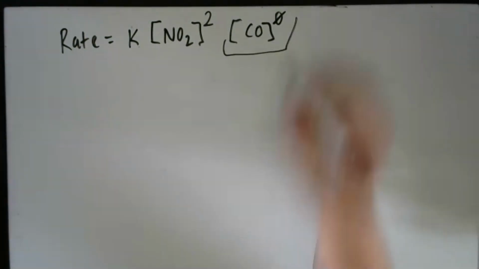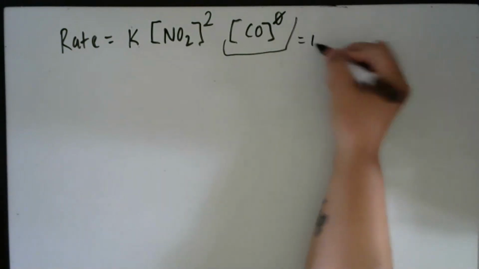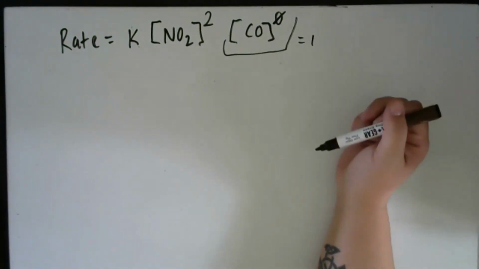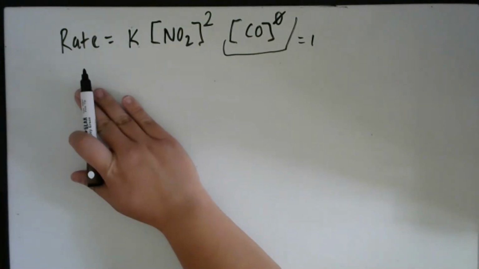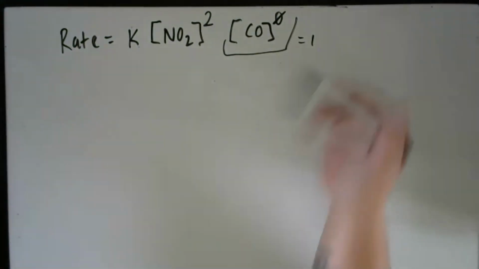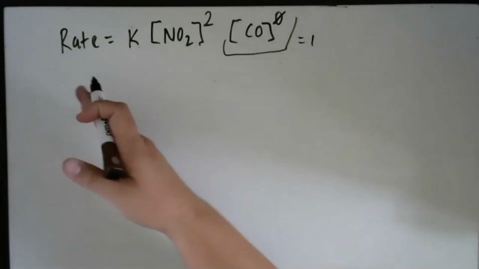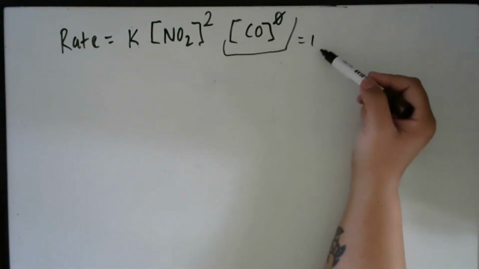So because the CO concentration raised to the 0 power is always going to be 1, it's going to drop out of our overall rate law because its concentration is not going to have an effect on the rate. This is why for 0 order reactants the concentration doesn't have an effect on the rate, because when you take that concentration value, regardless of what it is, and raise it to the 0 power, it's always going to be 1.